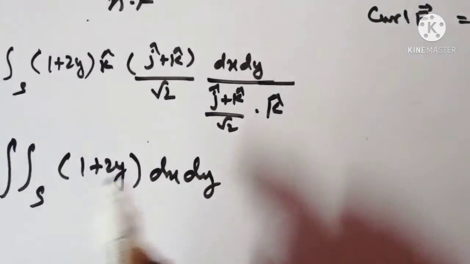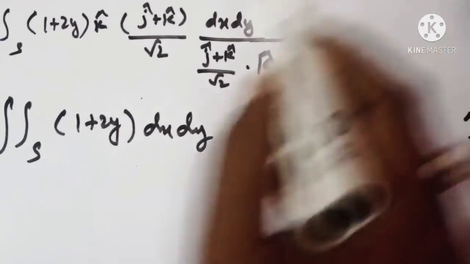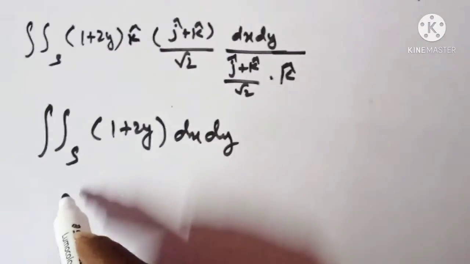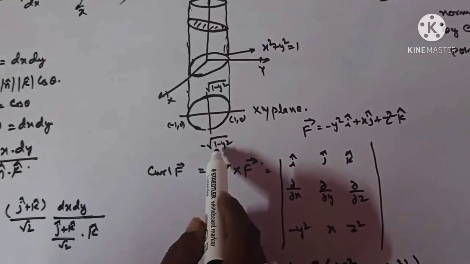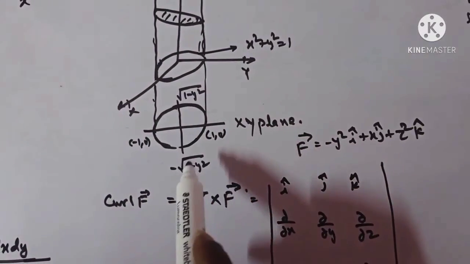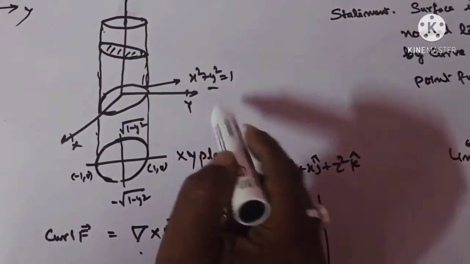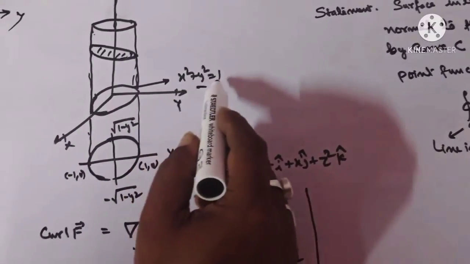Now the next step is to do the integration. To do this integration, see how y changes from this to this. You get this from the equation x square plus y square equal to 1.